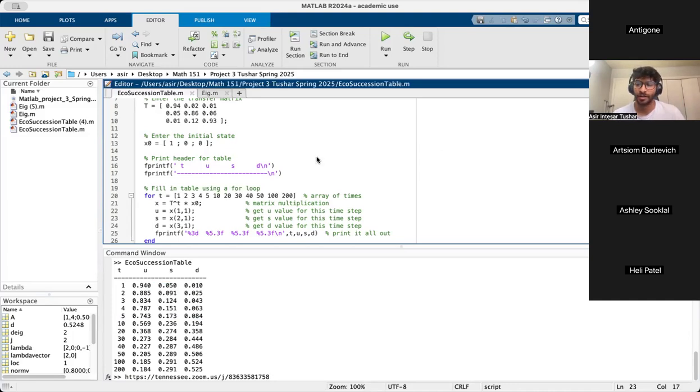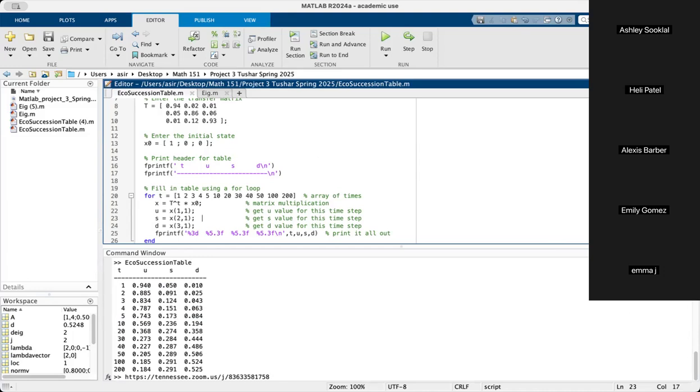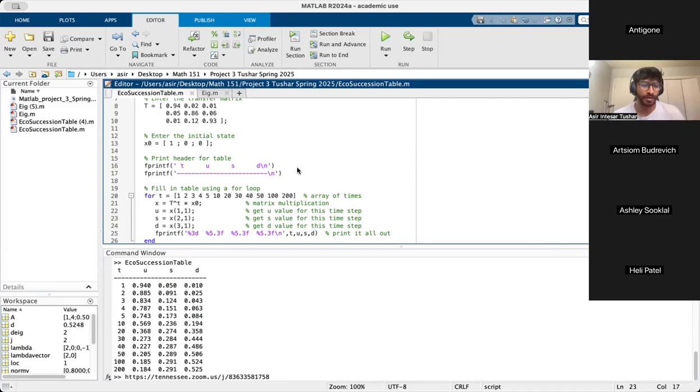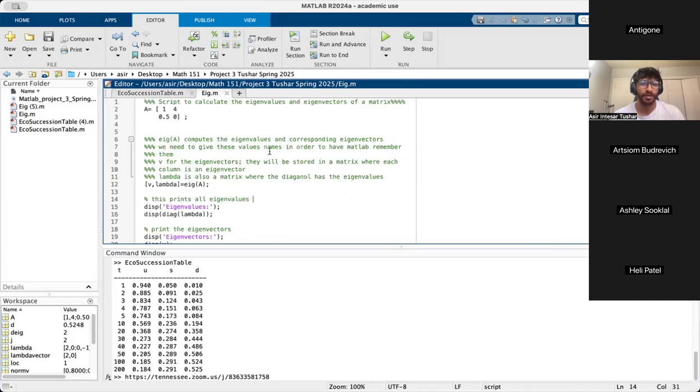Then let's look at the next one. What this .m file is doing is, if you feed it a matrix, which is this one, is the matrix. First of all, according to the problem, you will have to change the matrix.